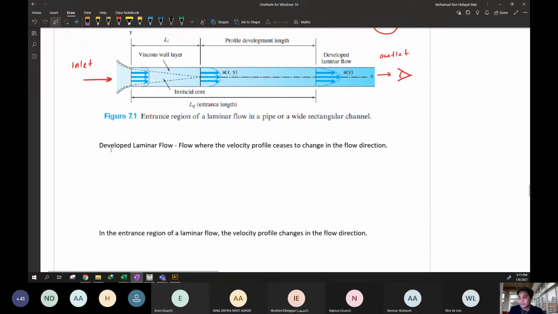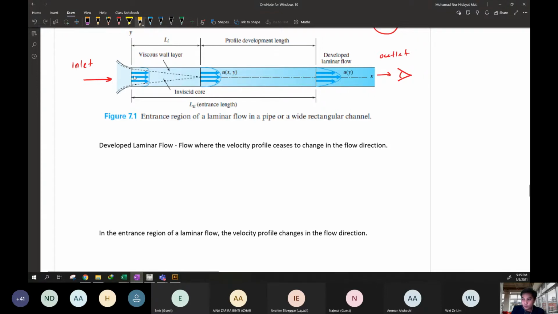So, the developed laminar flow is where the velocity profile ceases to change in the flow direction. So this is what we call developed. That means it is fully developed, 100% developed. The velocity profile will not change over time.